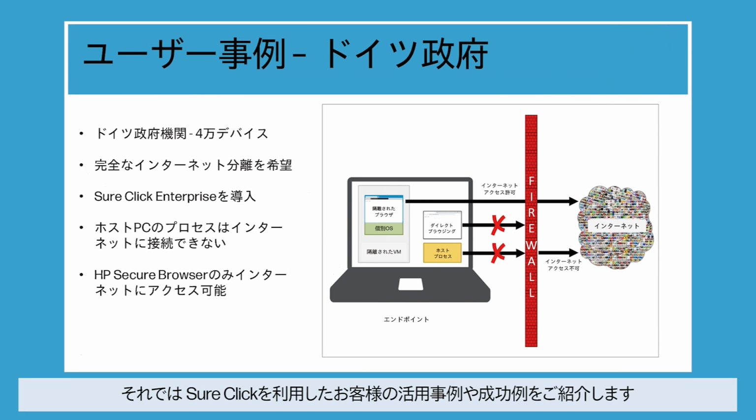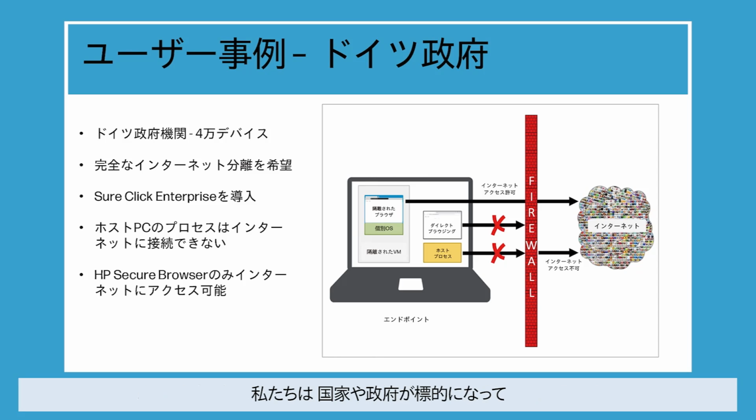Now let's talk about some use cases and some success stories for how our customers have used SureClick. One of the first success cases I want to talk about is the German government. So we know that nation states and governments are highly targeted, and they're under sophisticated attack from nation-state adversaries.